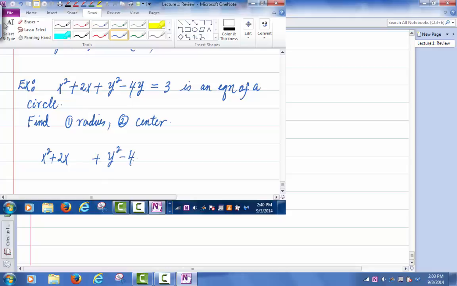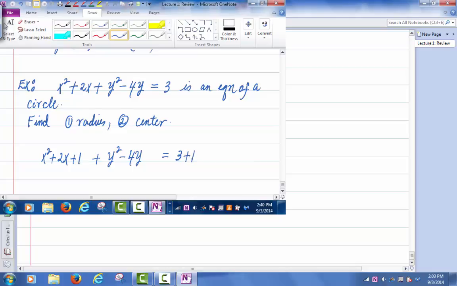Remember how we did that a couple of days ago? How did we do that? Well, in order to complete the square for the variable x, you take the middle term 2x, look at the coefficient is 2, take half of that, 1, square of that, 1. So you add that on both sides, okay?